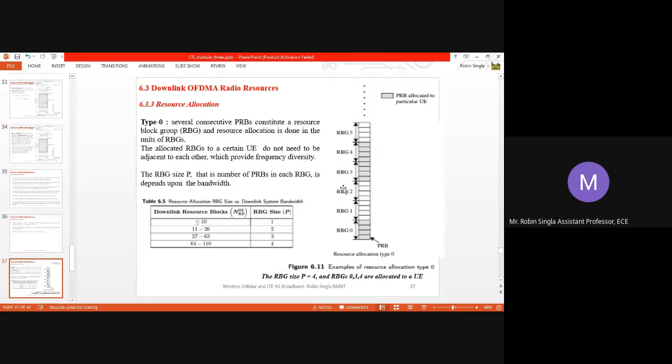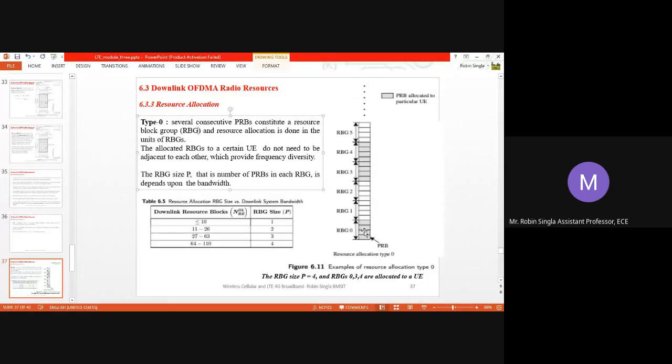Now this is your type 0 resource allocation. In type 0 resource allocation, several consecutive PRBs constitute a resource block group, RBG. You see in this figure, this smallest box here is one PRB.